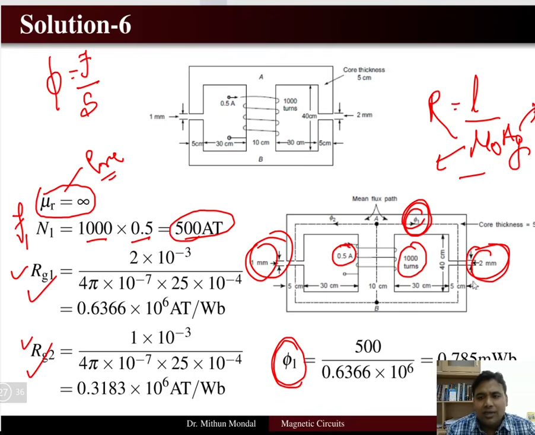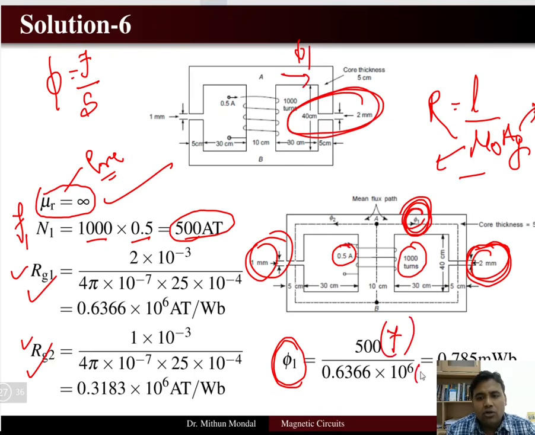Here for the reluctance you have to take the 2 mm gap, because you need not consider the core material, as the core material permeability is infinite. So this part of the reluctance you have to take, because we are calculating phi 1 this side. So phi 1 will be the total mmf divided by the reluctance Rg2. So you'll get 0.785 milliweber.